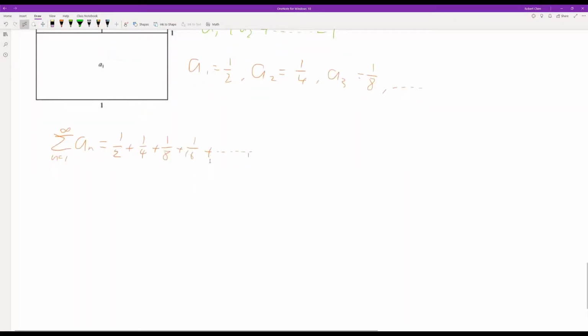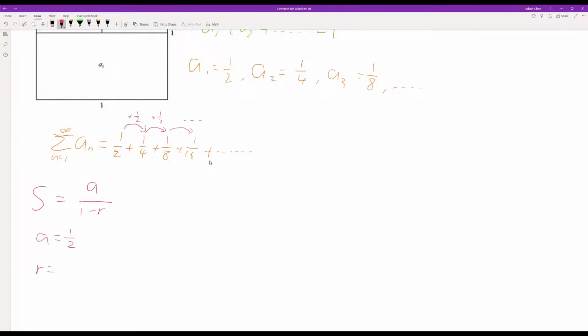So let's see if we can identify the values that we need for our infinite sum, which is a over 1 minus r, right? So a is the first term, right? 1/2, right? And then r, the ratio, right? To go from the first term to the next term, we multiply by 1/2, and then by 1/2, and so on, right?